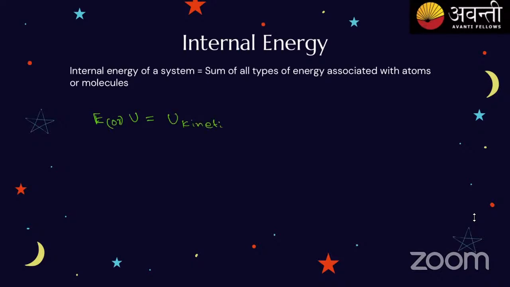So we'll keep adding, as there are many internal energies in a particular system. What we'll do is calculate the internal energy by taking two different points, the final and initial points, so that we calculate the difference in internal energy, as we cannot calculate the absolute internal energy here.